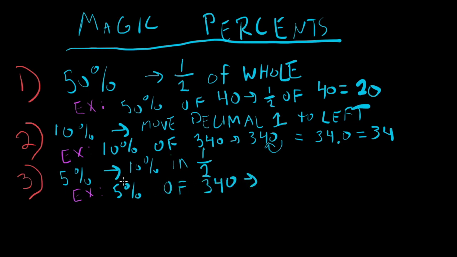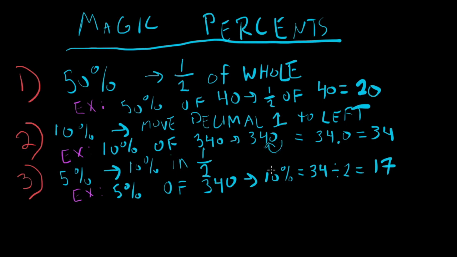Because we already know that 10% is equal to 34. So then you just find half of 34, which is going to be 17. So that means 5% of 340 is 17.